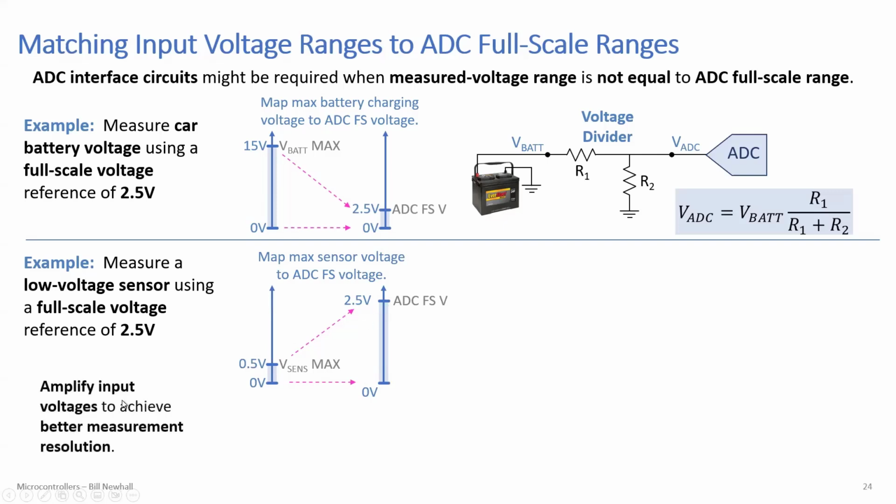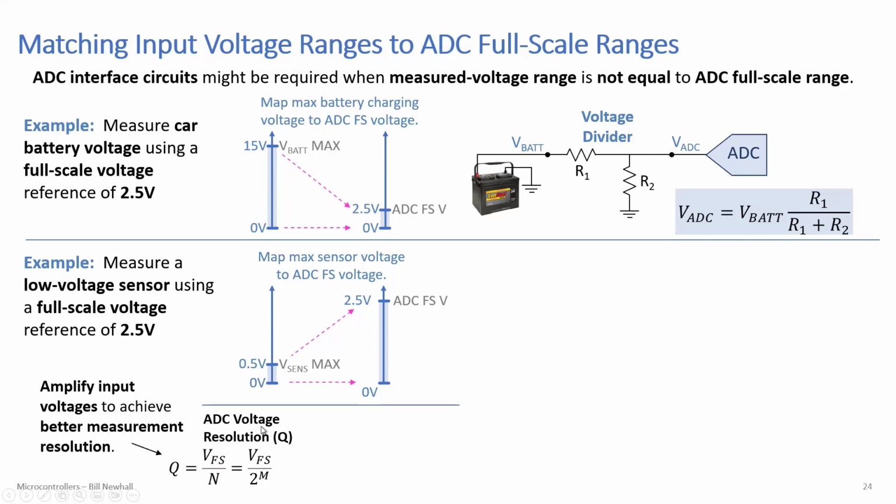So what you could do is amplify input voltages to get better measurement resolution. It'll work if you sense using a 2.5 volt reference ADC and connect it directly to this range. You'll be able to measure, right? You won't blow out the ADC, but you're not going to get the highest resolution of the sensor output that you could. So let's use an amplifier to achieve better measurement resolution. The ADC voltage resolution is each increment of the ADC output value.